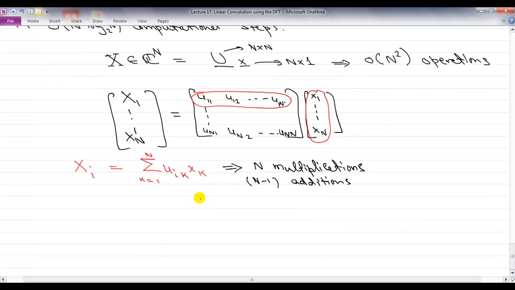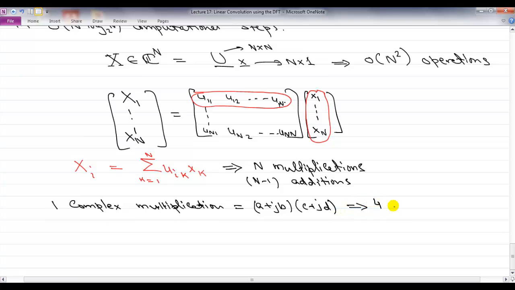And if these were complex valued, then to remind you, one complex multiplication, so if I write a plus jb times c plus jd, it involves how many real valued multiplications? It involves 4 multiplications.